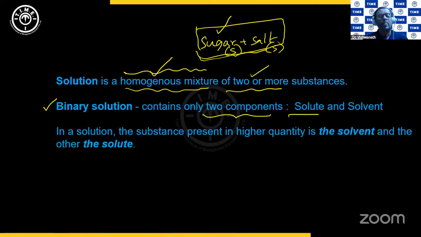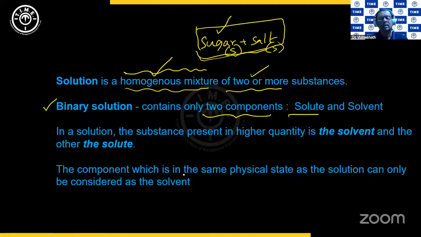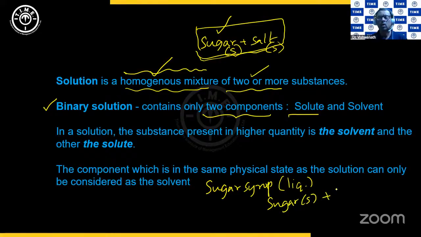Now, there is one very important thing that we need to know. Suppose you have taken a sugar syrup. A sugar syrup is in what physical state? It is in liquid. Sugar syrup is made up of sugar, which is solid, and water, which is liquid. Now, sugar syrup is also a liquid.